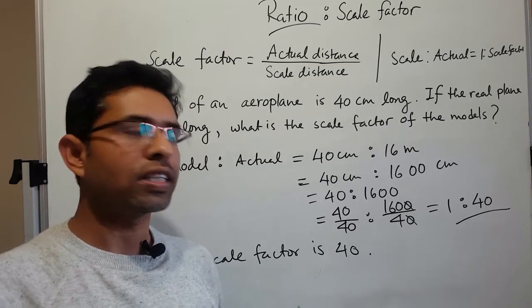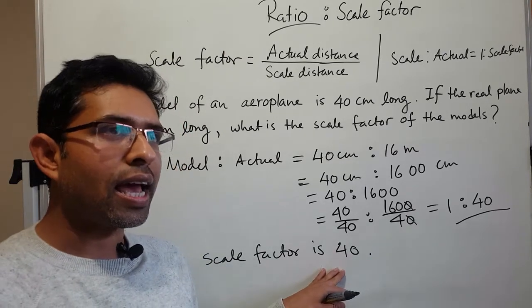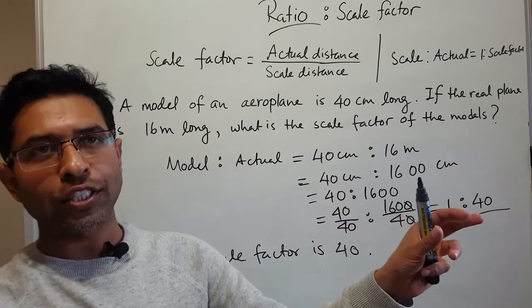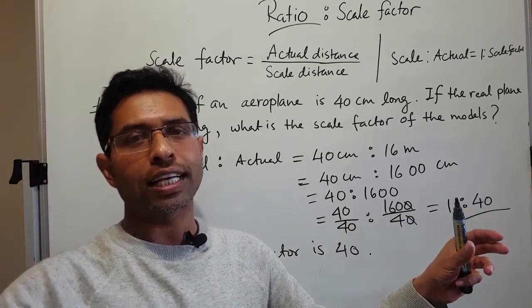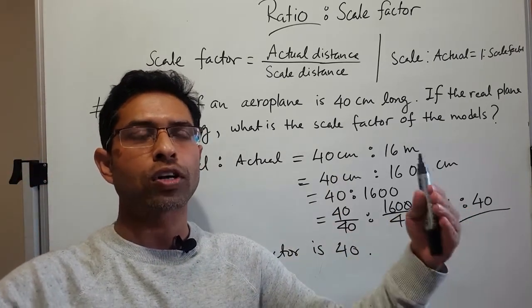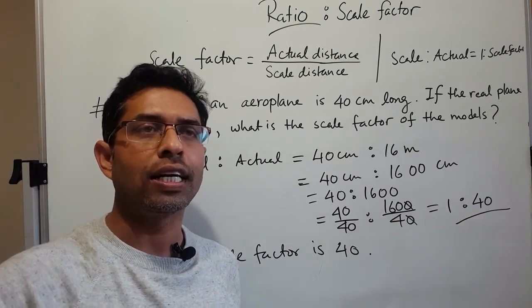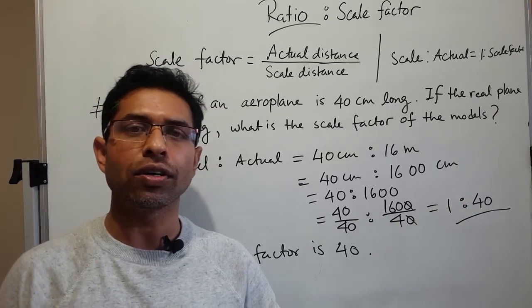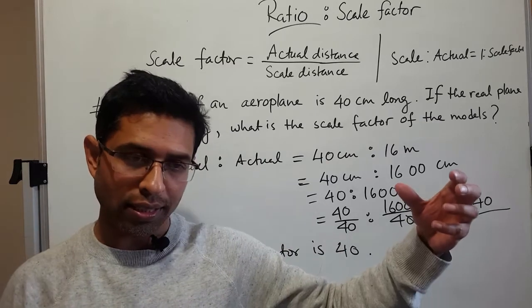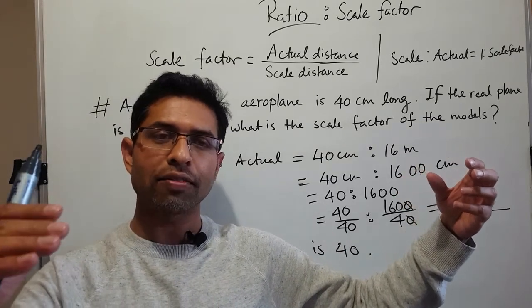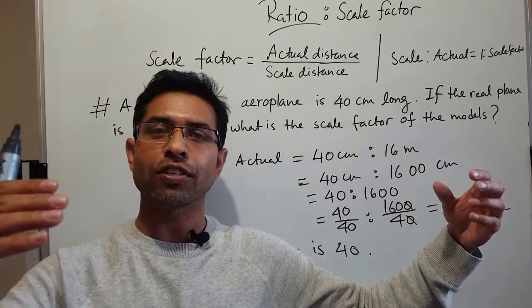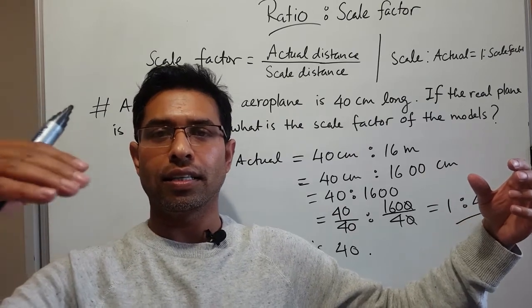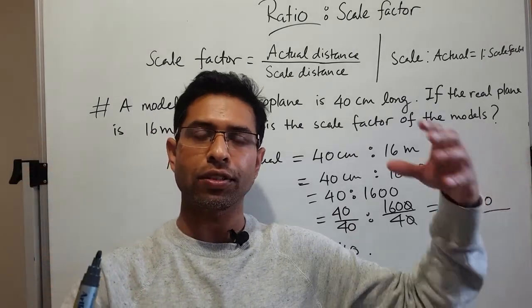If the question gives the scale factor and the model length and asks for the actual length, then in order to get the actual length, we always multiply the model length by the scale factor. If the question asks for the model length, but the actual length and scale factor are given, then you have to divide the actual length by the scale factor to get the model length.